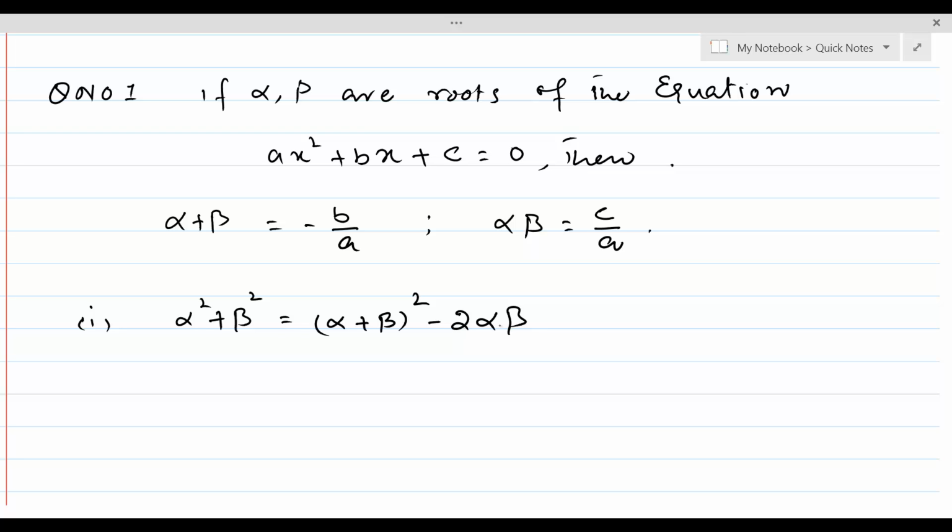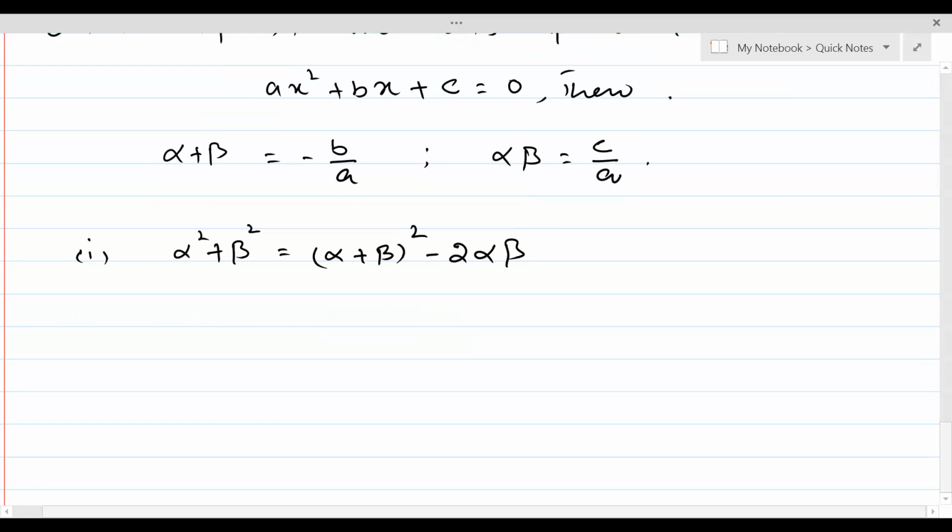So anything can be converted into a different form where we have the sum of roots, alpha plus beta, in one place and alpha times beta in the other place. Now alpha plus beta is equal to minus b over a.